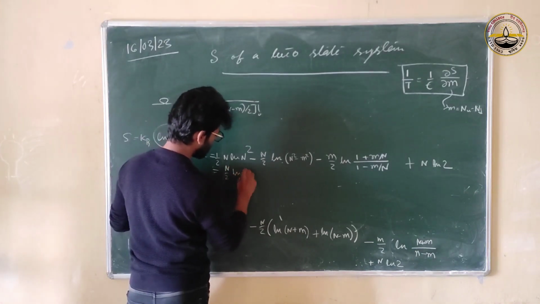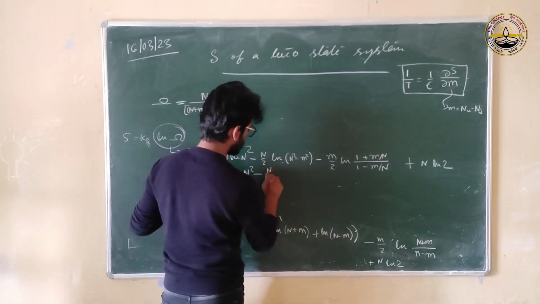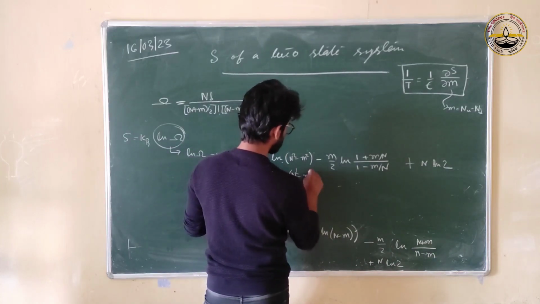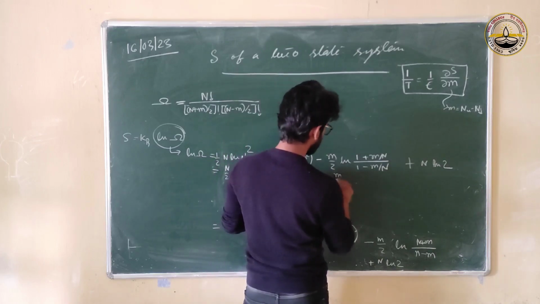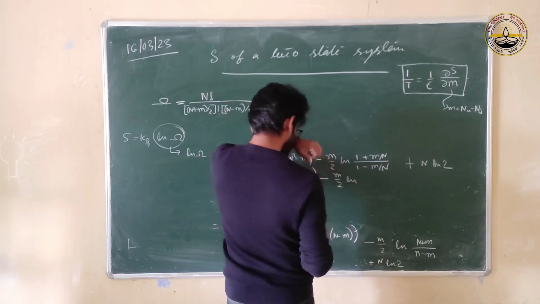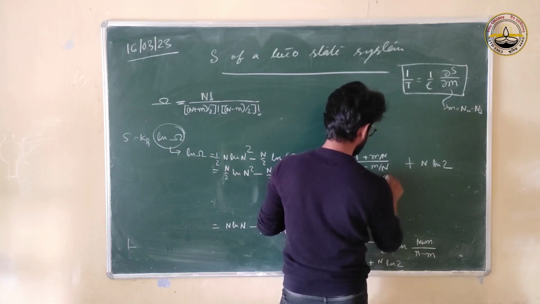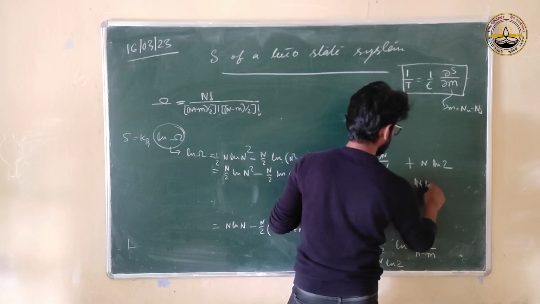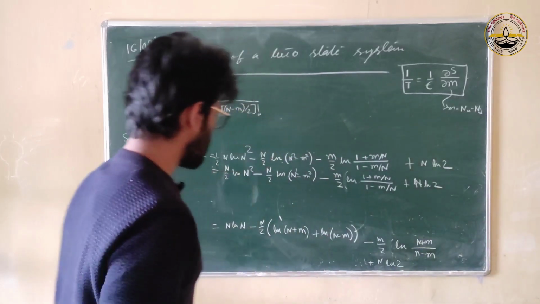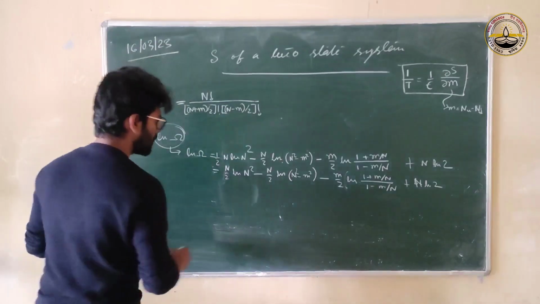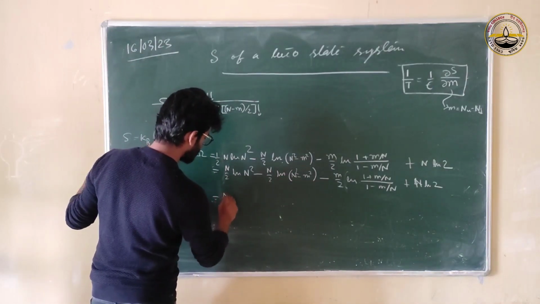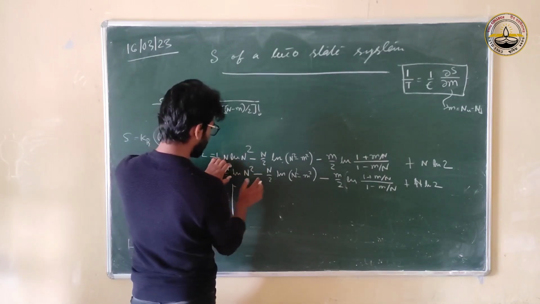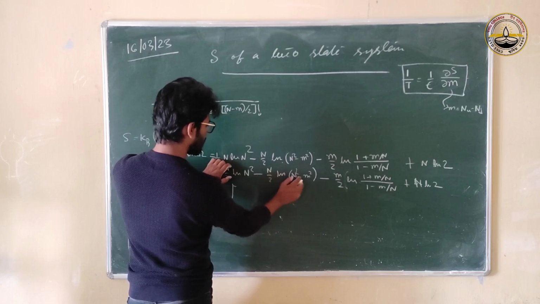So ln n squared minus n by 2 ln (n squared minus m squared) minus m by 2 ln (1 plus m by n)/(1 minus m by n) plus n ln 2. Now we can take n over 2 common over all, you know. And then we have ln this divided by this.